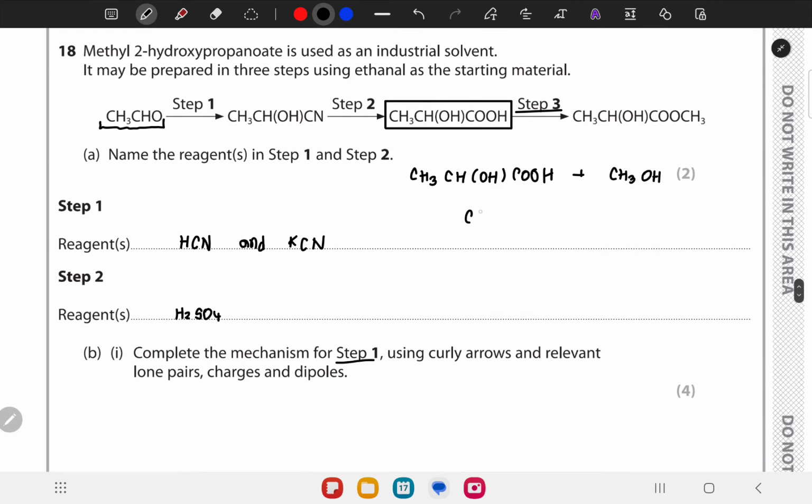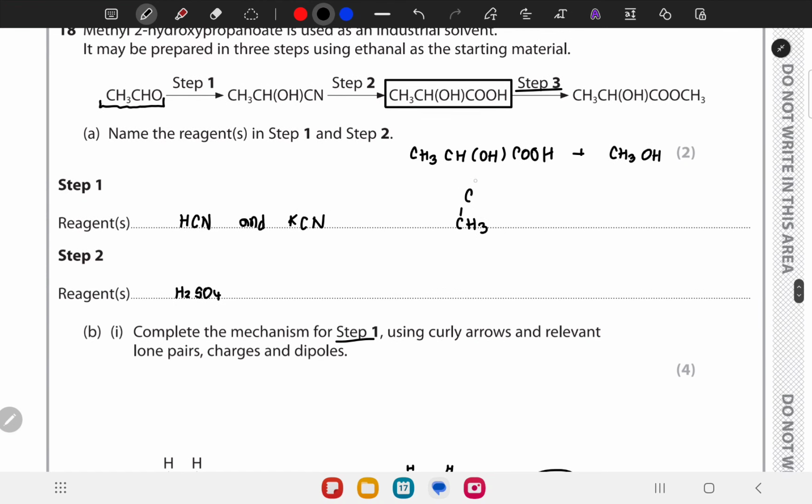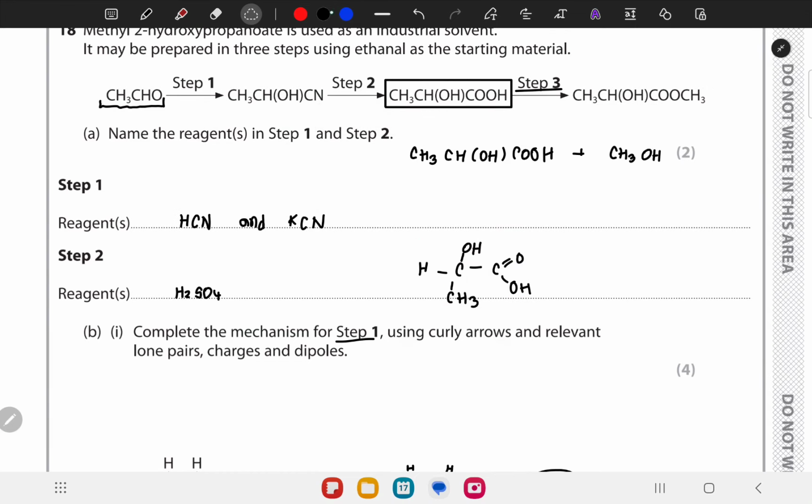We could draw this. This could react with other molecules of itself.